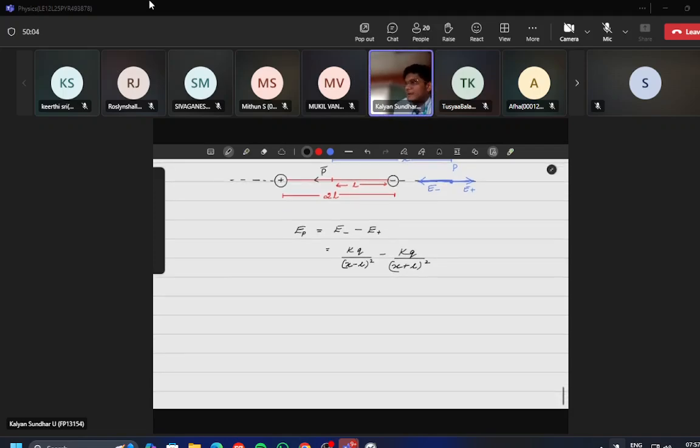So I'll take KQ common. This will be x square plus L square plus 2xL minus x square plus L square minus 2xL, divided by (a minus b) the whole square times (a plus b) the whole square. So I can write it as x square minus L square the whole square.